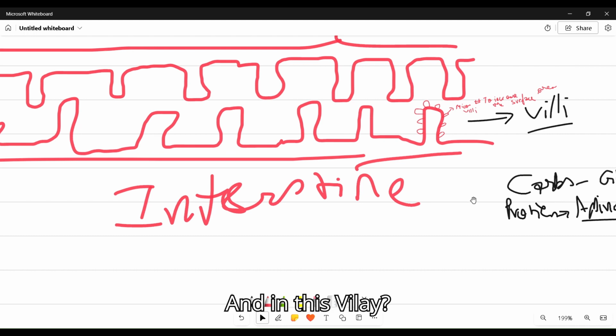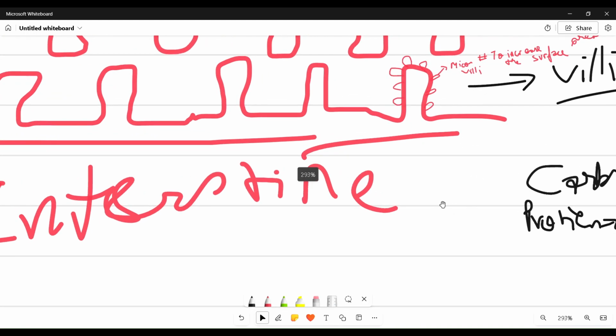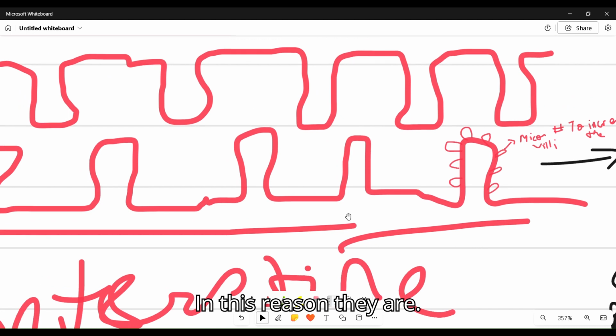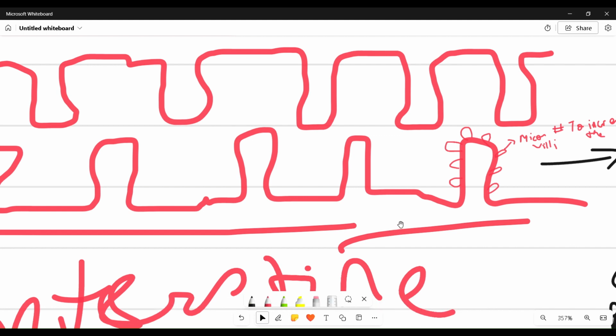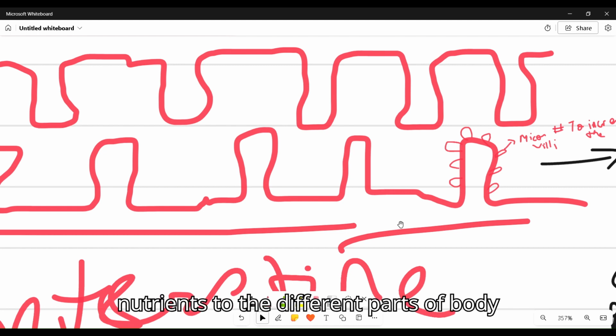And in this villi, in this region, there are different veins and capillaries that pass, which absorb the different types of digested nutrients to the different parts of the body and the cells.